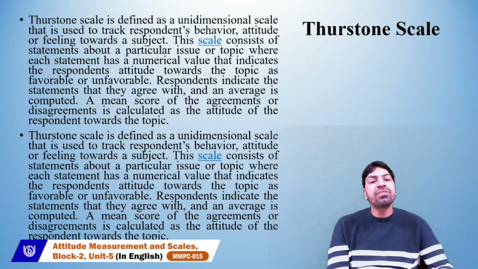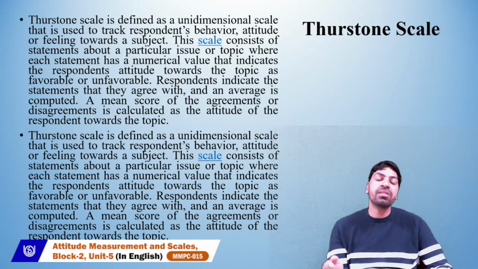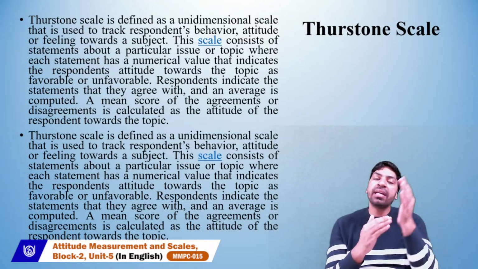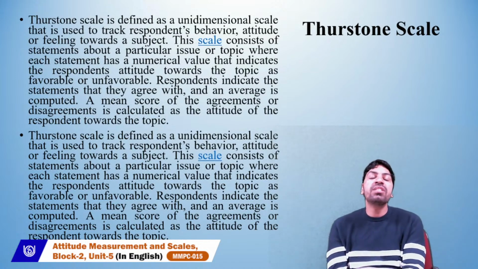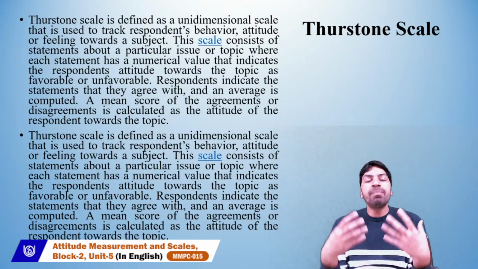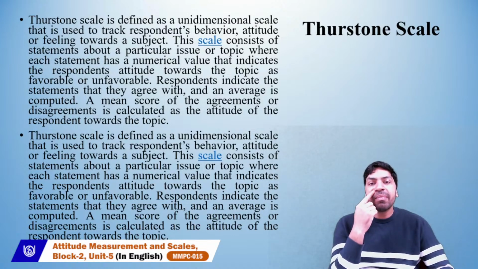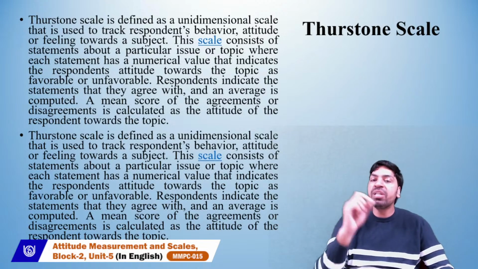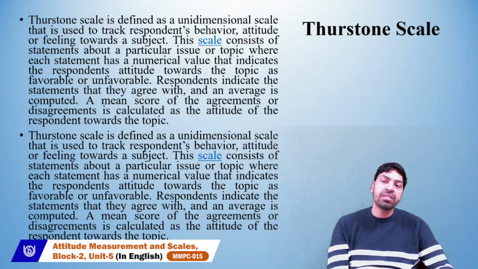The scale consists of all the statements, and accordingly a mean score is estimated. Say there are 100 respondents, and out of the 100, some agree and some do not agree. A researcher can easily estimate the mean score of agreement or disagreement towards a particular topic, which denotes the attitude of the respondents towards the topic.